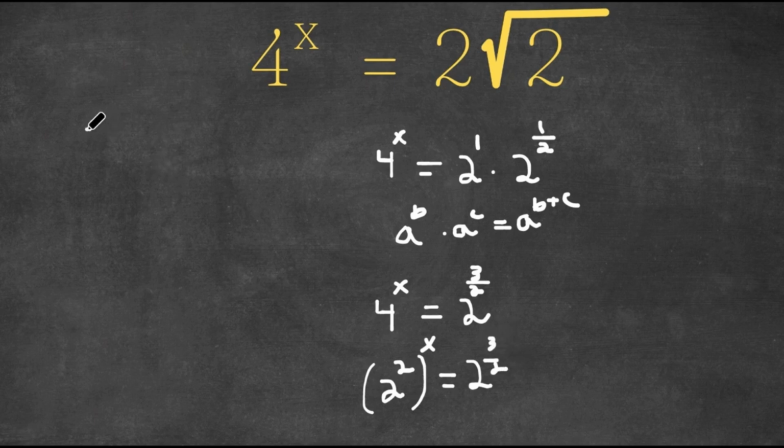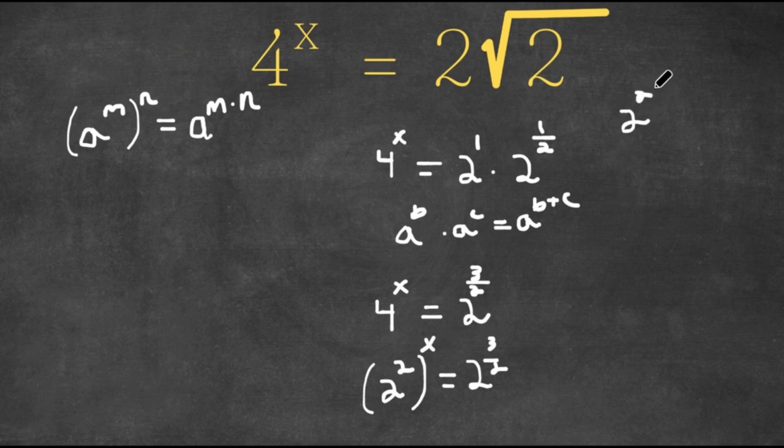Now, if we have something in the form a to the power of m to the power of n, this is the same thing as a to the power of m times n. So 2 to the power of 2 to the power of x, this is the same thing as 2 to the power of 2 times x, which is just 2x. And this is equal to 2 to the power of 3 over 2.